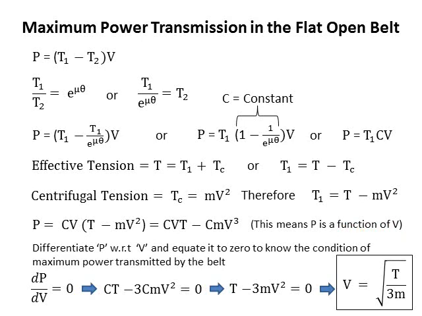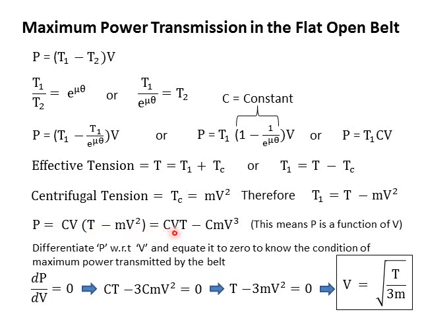To find the maximum power, we can use a mathematical interpretation: if we take the derivative of P with respect to v and equate it to 0, then we will get the velocity at which there is maximum power transmission.